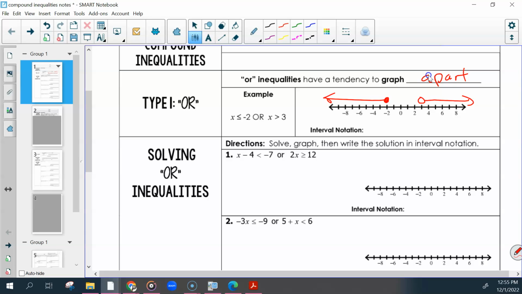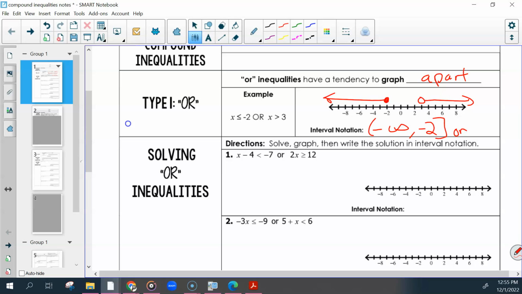Then we would write our interval notation. So from last class, looking at this left to right, it starts at -infinity. It stops at -2, and that would be a bracket. Then we would write the word or, keep going.